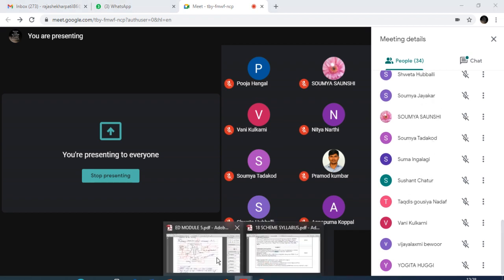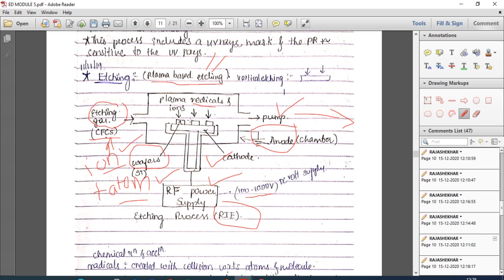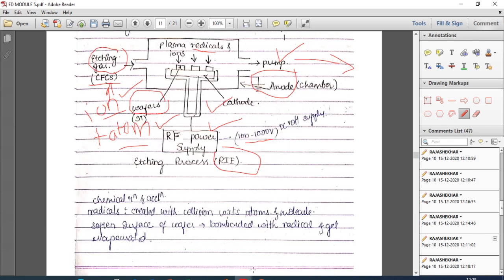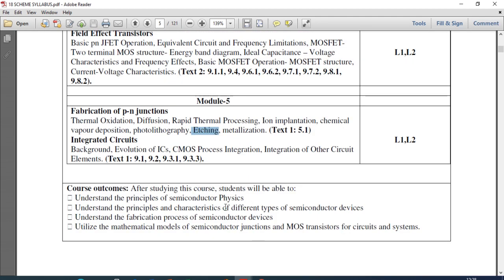I hope it is clear for everyone up to the etching process. A very simple process, just to remove the unwanted material present on the surface of the wafer. In the next class, we will start with metallization, the last topic of Part A of Module 5.